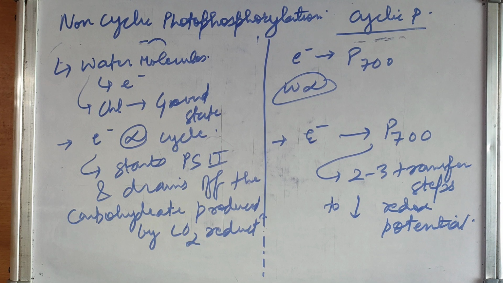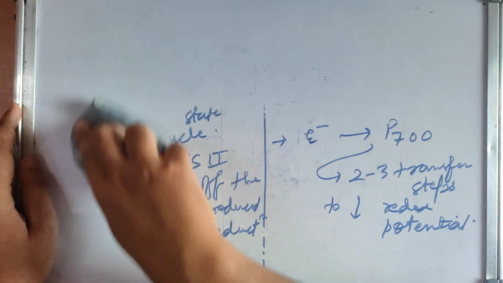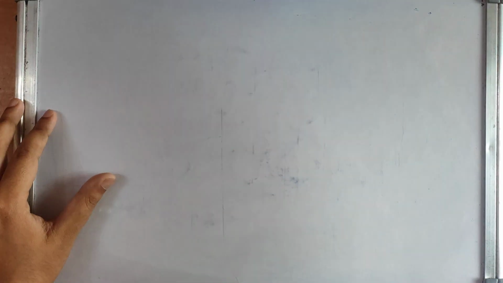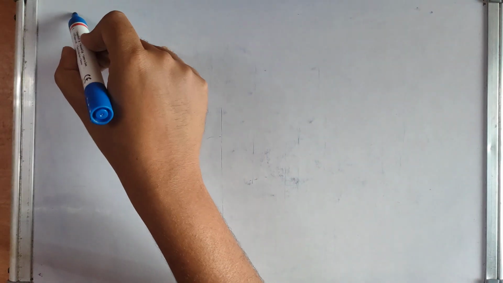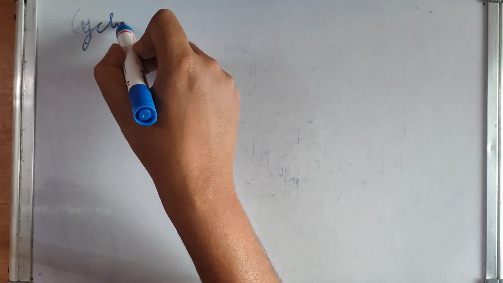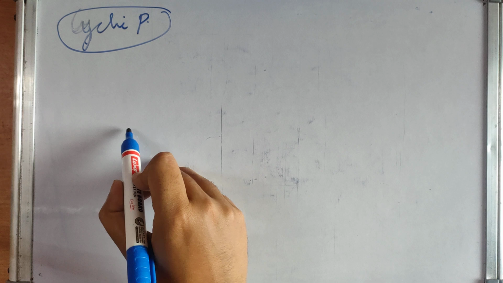Now let me make you understand it through a diagram, what happens in cyclic and what happens in non-cyclic. So this is cyclic phosphorylation. Here, this is chlorophyll.